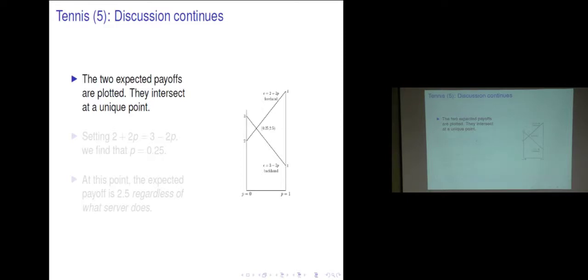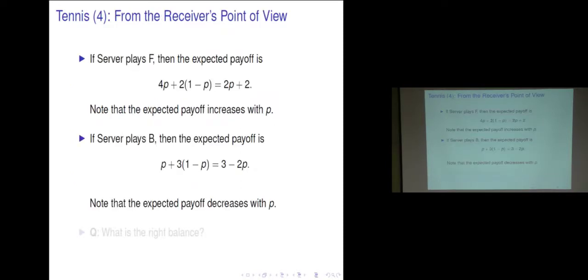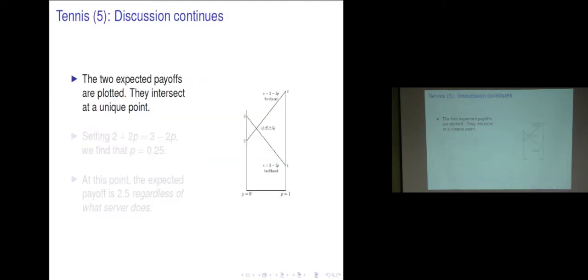When the server serves forehand, the expected payoff is 2 plus 2P, so it's here. If the server serves backhand, then the payoff is this line, 3 minus 2P.